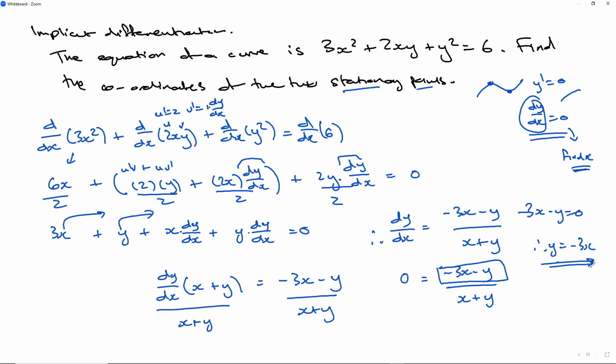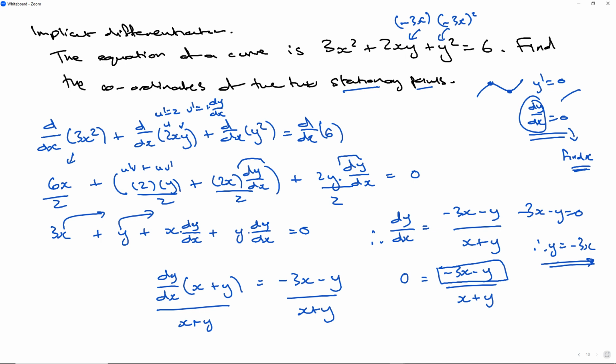Substituting y equals negative 3x into the equation gives me the x value. Because I know what the y value is now, if I change y up here into negative 3x, I will be able to work from there.